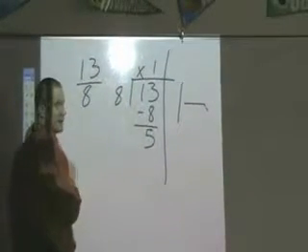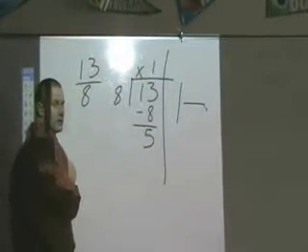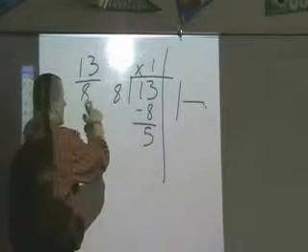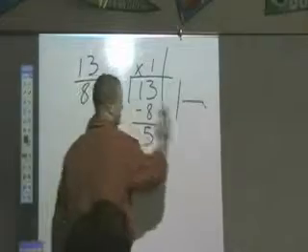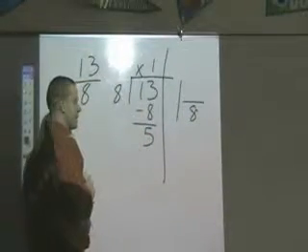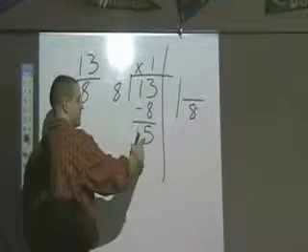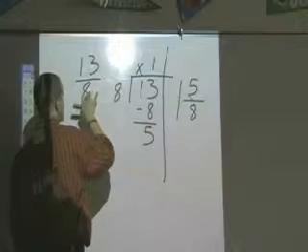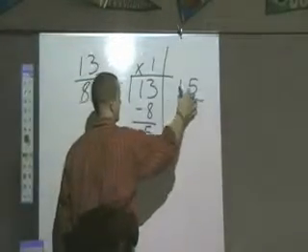What's going to be my denominator? Remember, my denominator is not going to change. It's going to be my 8, which comes from here, my divisor. What's going to be my new numerator? My new numerator is my remainder, 5. So, 13/8 equals 1 and 5/8.